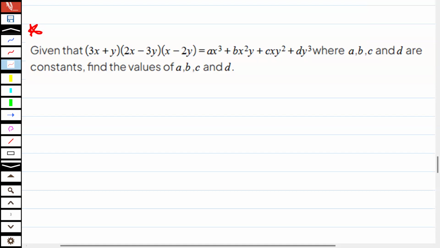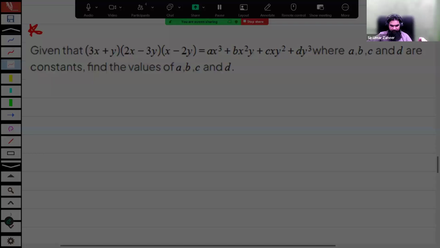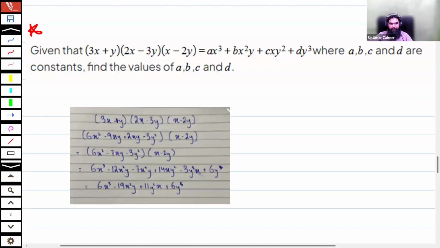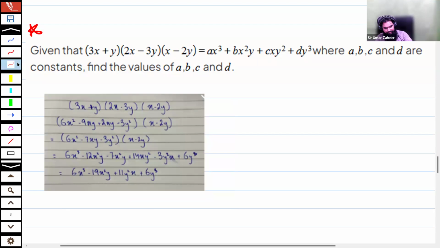Sir, I sent it to you. All right, you have expanded the values.